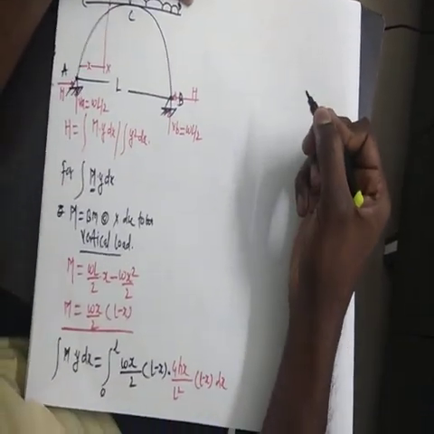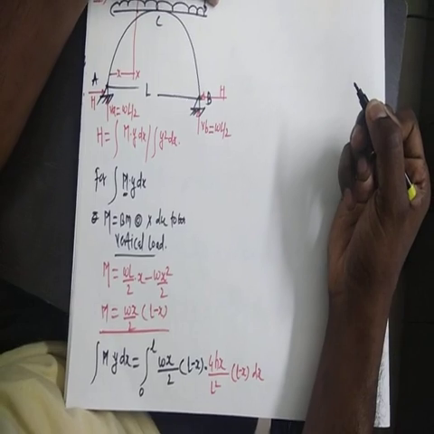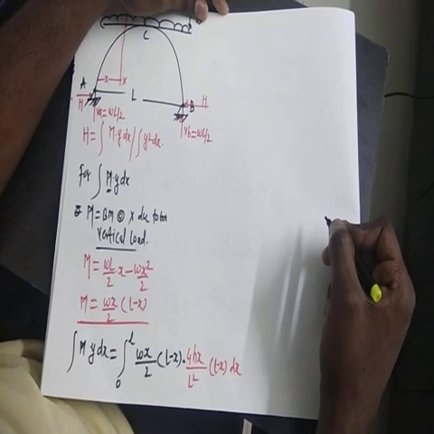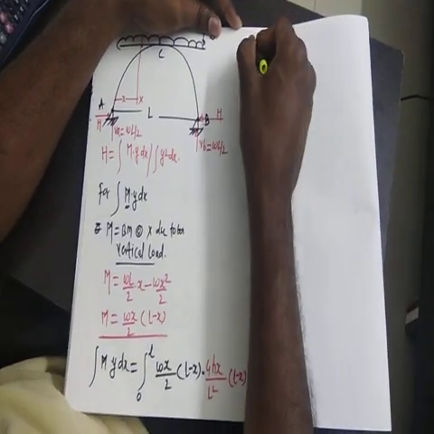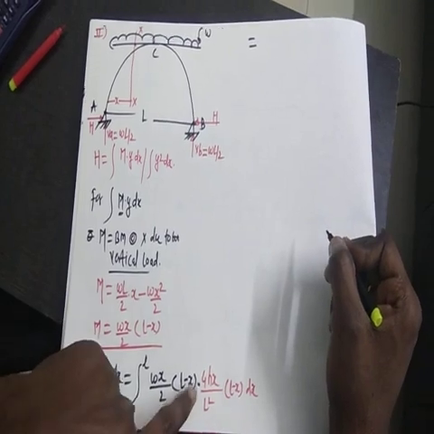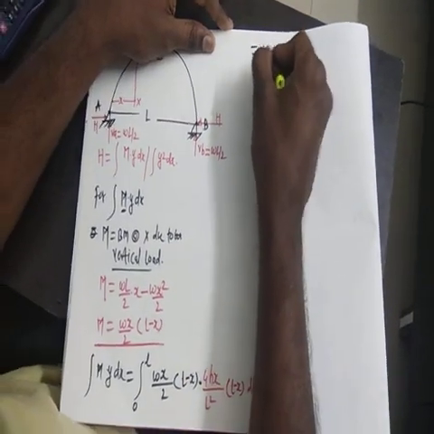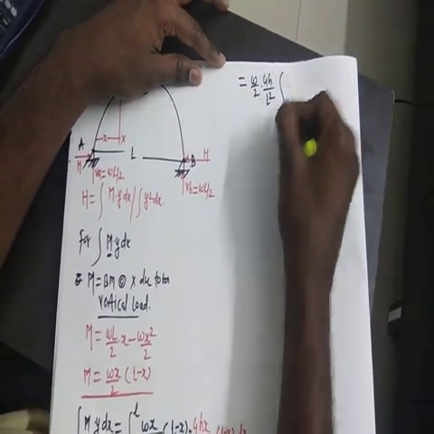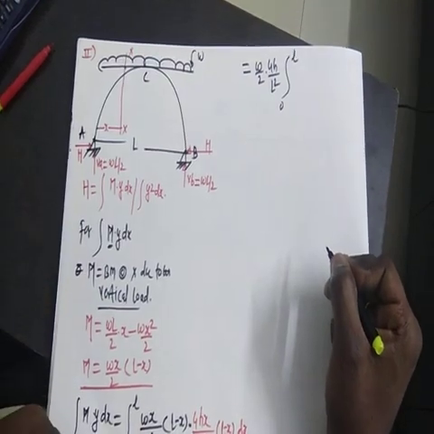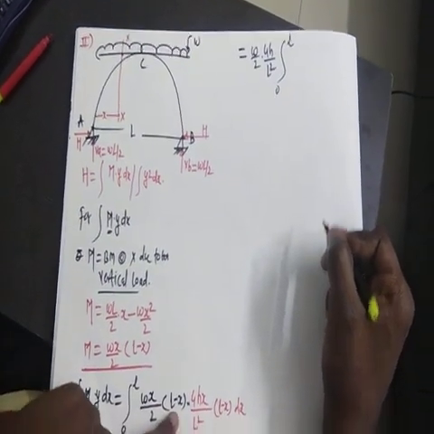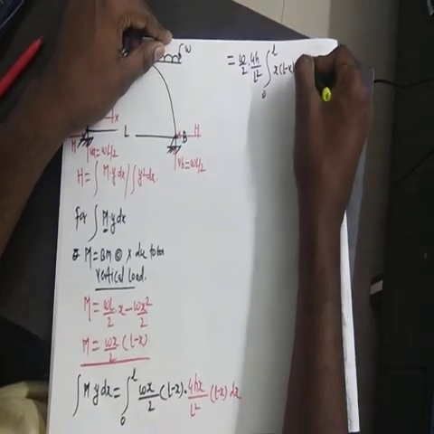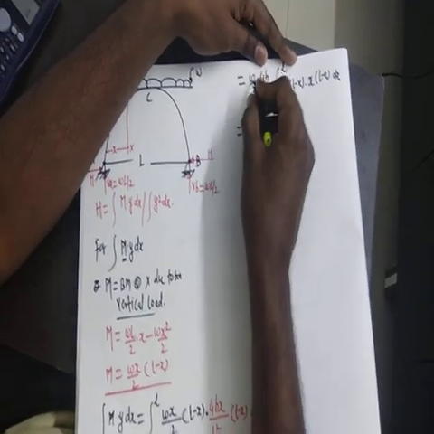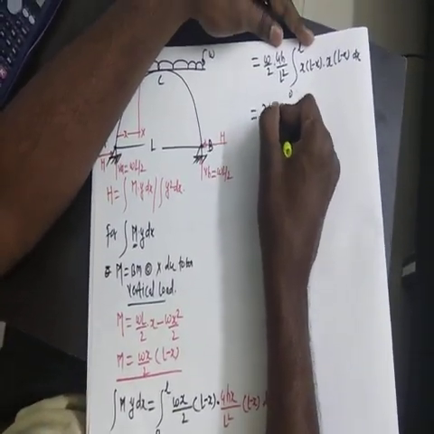The constant terms outside the integration are W by 2 into 4h by L square, with integration 0 to L, and what we get inside is X into L minus X, into again X into L minus X, dx.